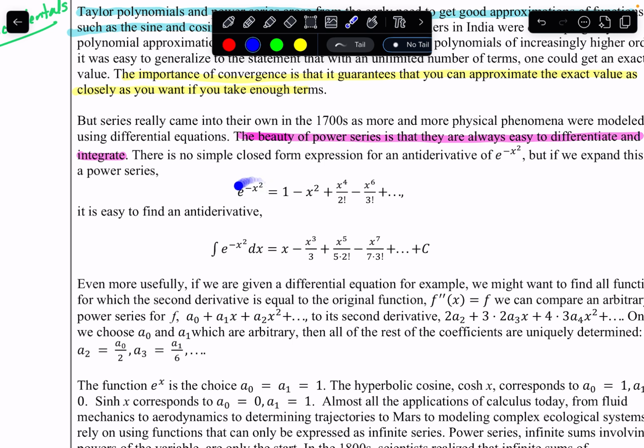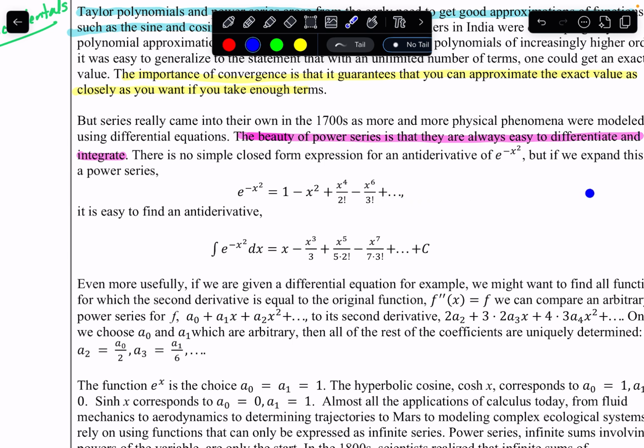If I asked you to integrate this, you couldn't use U substitution, you couldn't use IBP, you don't have an expression that represents this. But what if I told you that e to the negative x squared can be represented by what we call a Taylor series, or a power series, and this is the same as this?